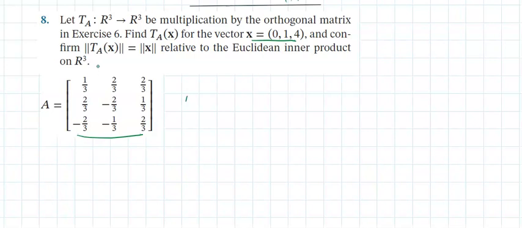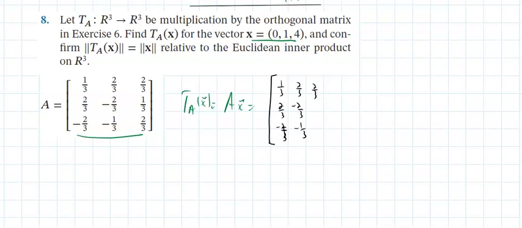So if I take TA of x, well, that is Ax. That is 1/3, 2/3, -2/3, 2/3, -2/3, -1/3, 2/3, 1/3, 2/3.